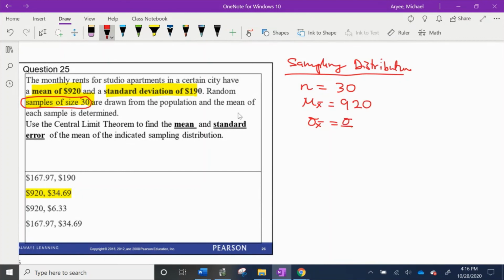Now this is sigma over the square root of n, so that will be 190 divided by the square root of 30. It looks like that's all they're asking us. So mu x bar is the mean, and someone check if this should be 34.69. That's what I got. Okay, so this answer is definitely correct.